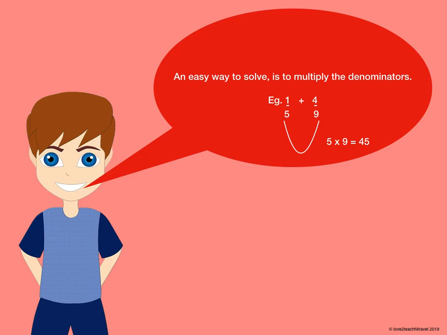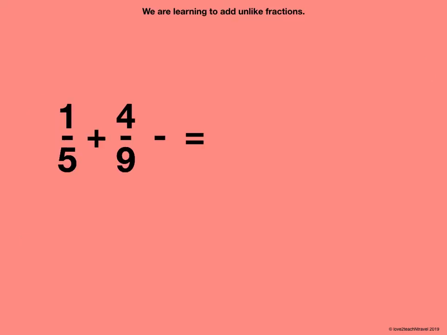So remember, we multiplied 5 times 9, and that gave us a common denominator of 45. So now I'm ready to multiply to ensure both fractions have a common denominator of 45. So remember, I multiplied the 9 by 5.